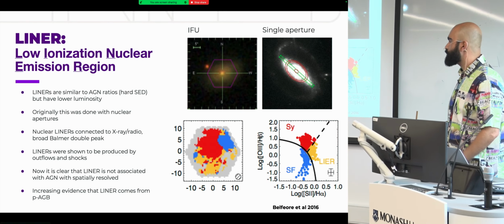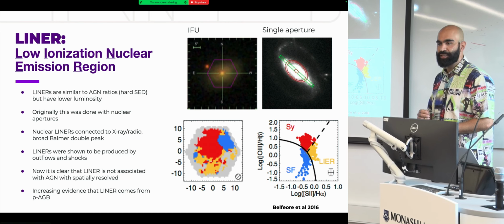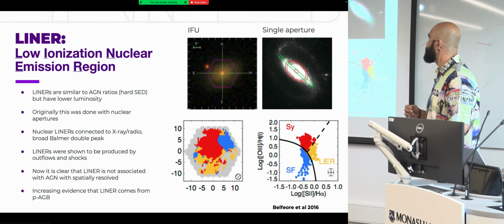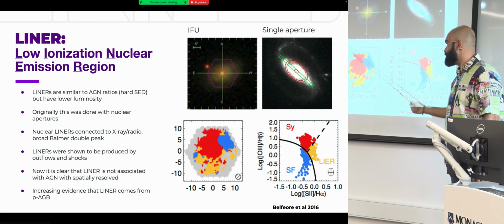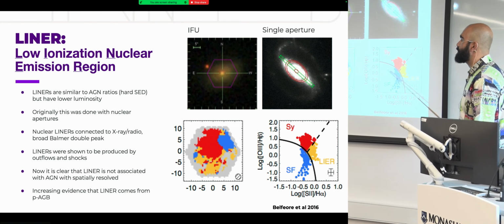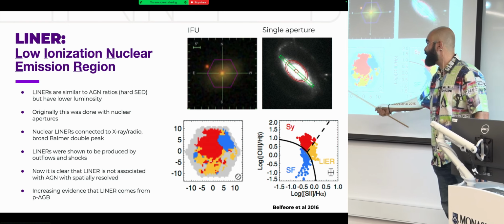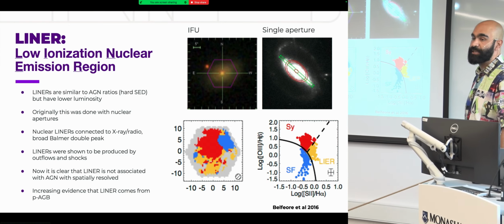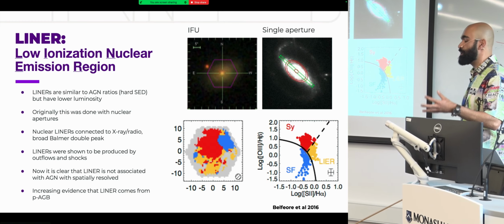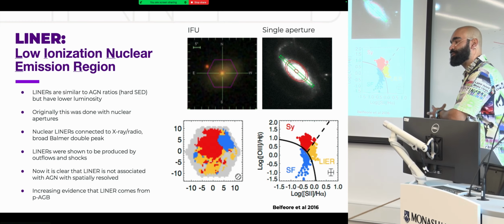Those are all indications of AGN activity within the galaxy. So since we have hard SEDs, they occupy similar regions in the BPT diagrams, and in the nuclear region we have some characteristics of AGN activity, it was thought that this is just the low luminosity end of the AGN sequence, right?